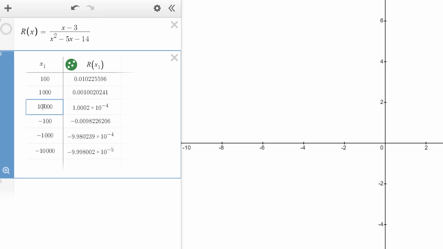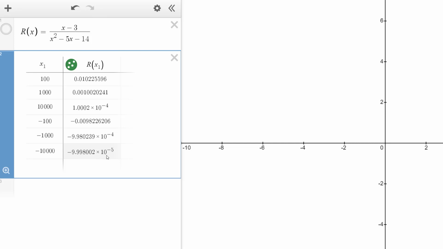As x goes to large positive numbers, the y values go from 1/100th to 1/1000th to 1/10,000th. It looks like they're just going to 0. And again, if you plug in large negative numbers, -100, -1,000, -10,000, the y values seem to be getting close to a height of 0.